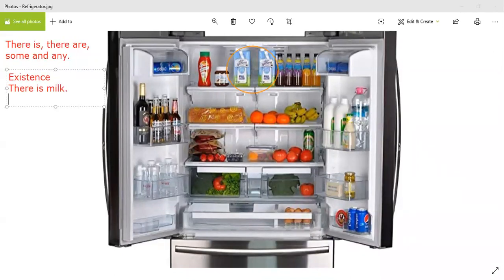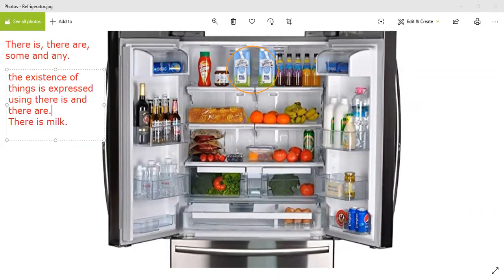So the existence of things is expressed using there is and there are, okay? For example, there is milk in the refrigerator. There's milk in the refrigerator. Okay, we got it there.